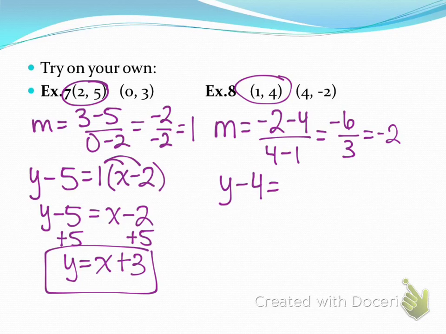Equals, what's our slope? What did we just say our slope was over here? Negative 2. And then our parentheses, we want x minus the x coordinate. What's the x coordinate? 1.